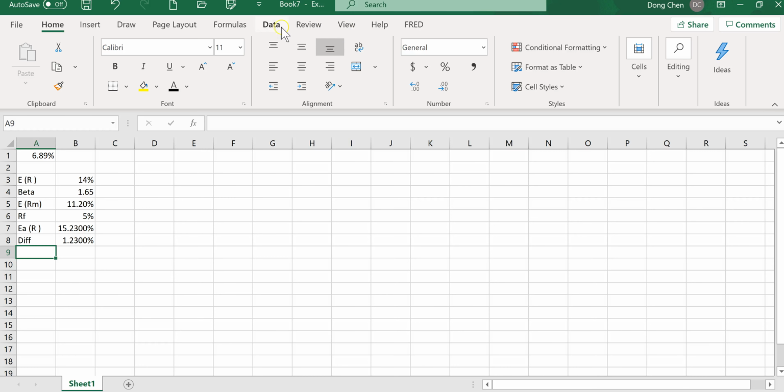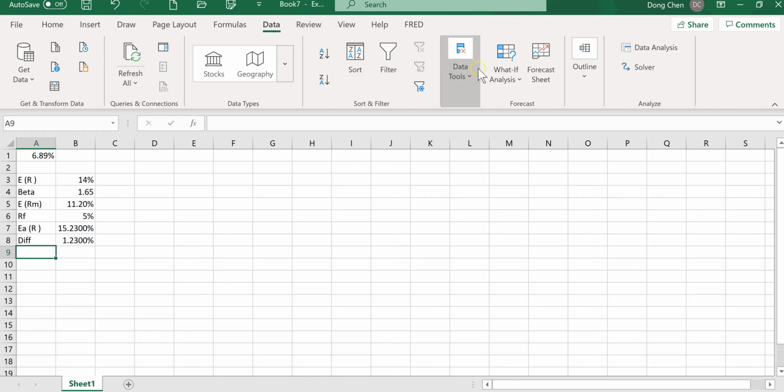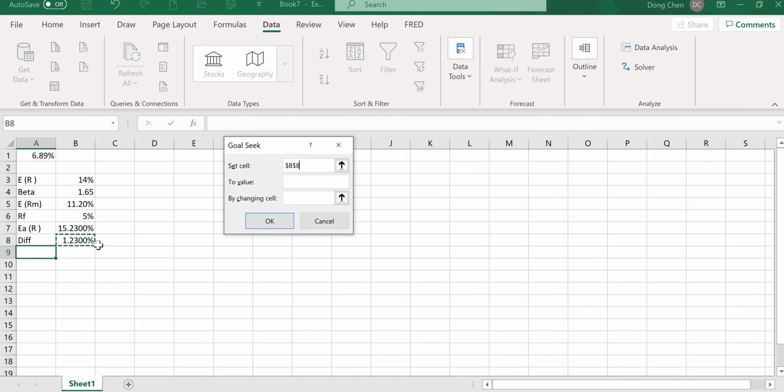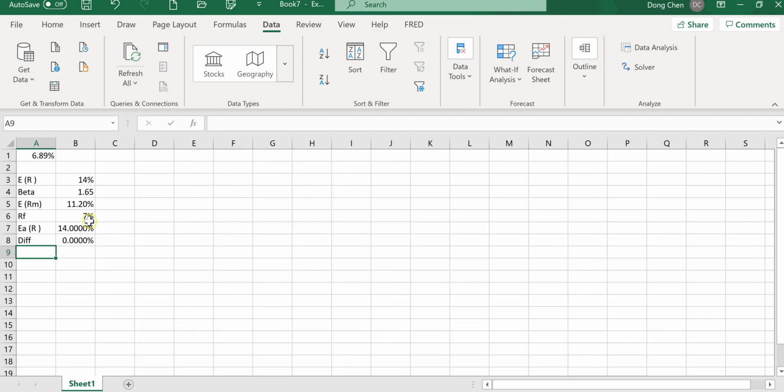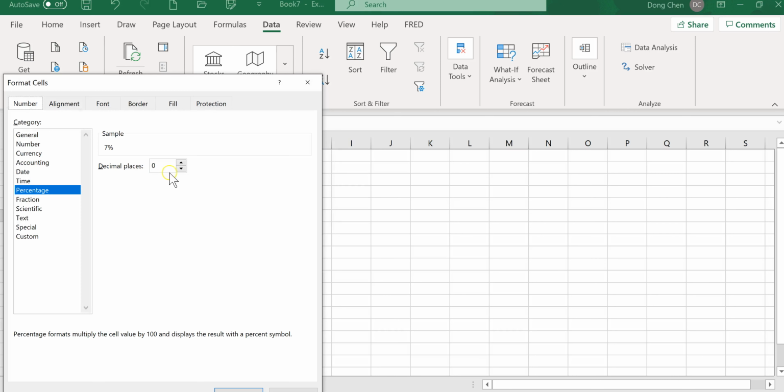What I can use is this data in Excel, then What-If Analysis, and then Goal Seek. The goal is cell B8, which stands for the difference. I want to make it 0 because that's my target, by changing the cell RF, the risk-free rate. The reason I got an integer number for RF is that I only kept 0 decimal places.